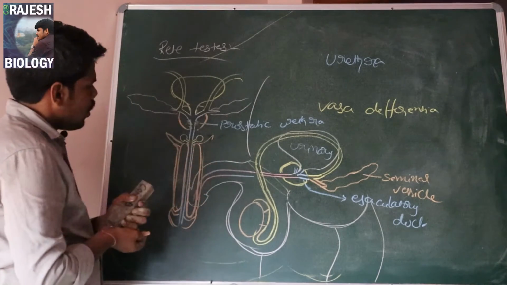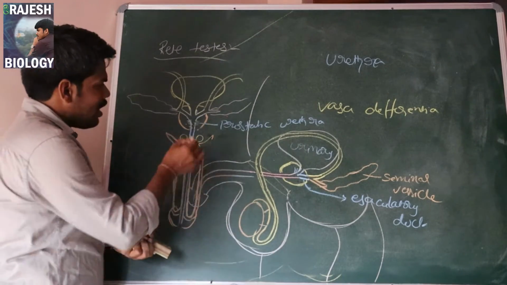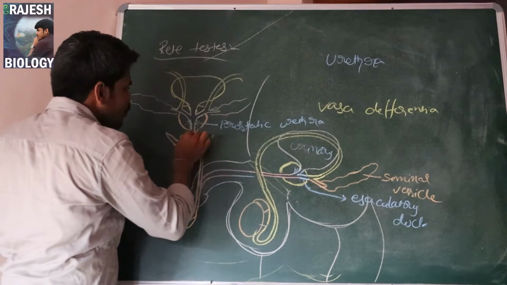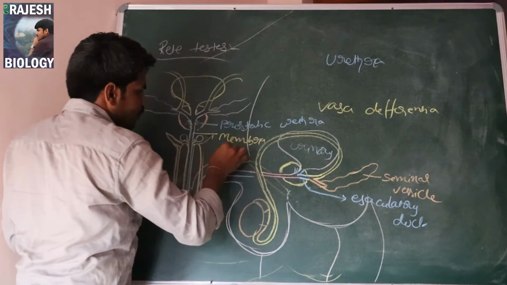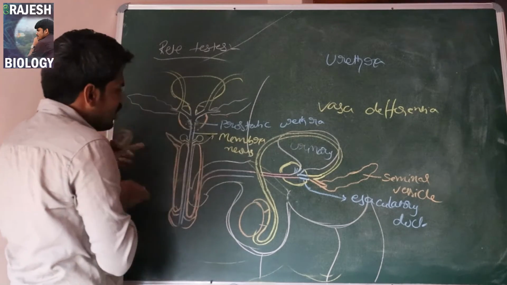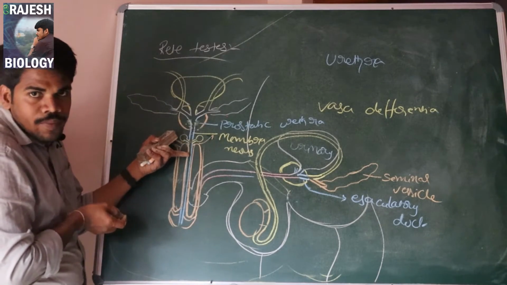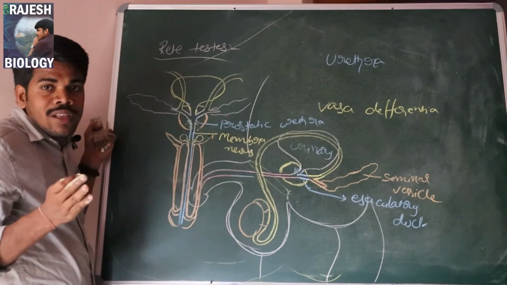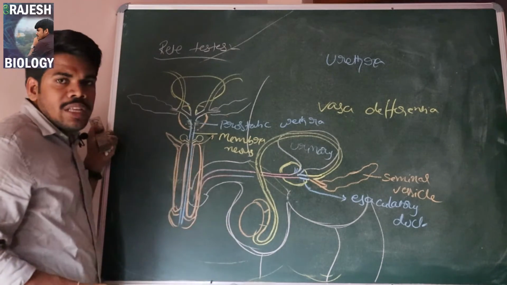Now this urethra has three major parts. One is the prostatic urethra, you already know that. Another one is the membranous urethra, which is present between the prostatic urethra and the penile urethra. Where there is no covering, that coveringless urethra is called the membranous urethra.